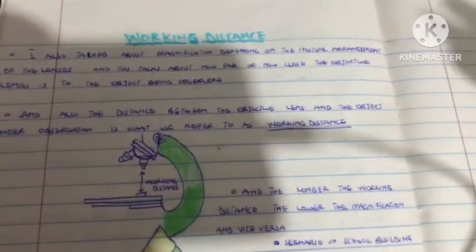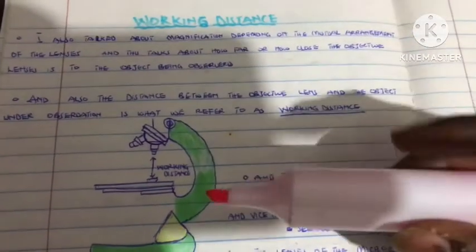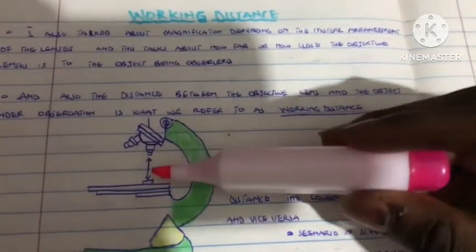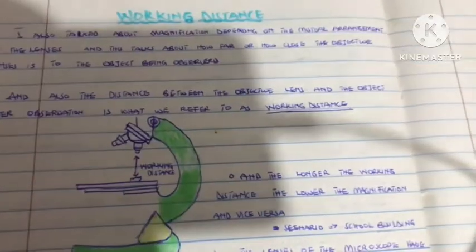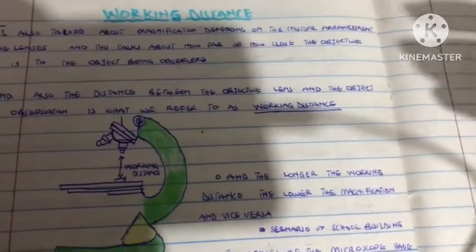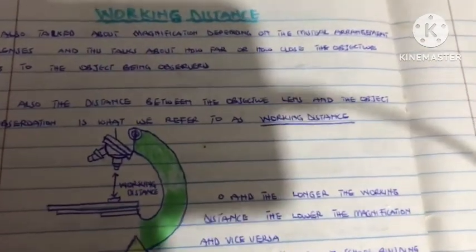And this working distance affects magnification because the longer the working distance, if the working distance is very long, it gives a very low magnification. And if the working distance is very short, it gives a high what? Magnification.